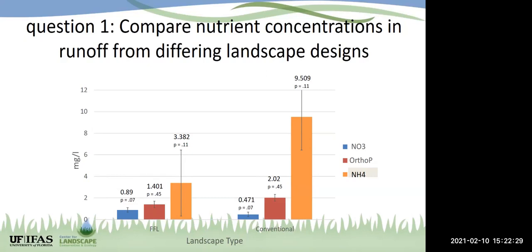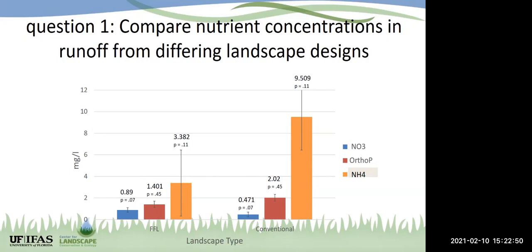They reduced turf, they used vegetation other than turf grass. The homeowners made a conscious effort to reduce fertilizer and pesticide inputs, and a couple of other Florida-friendly landscaping practices. The conventional lawns were just that. They were just nothing but turf grass, highly fertilized, lots of chemical inputs.